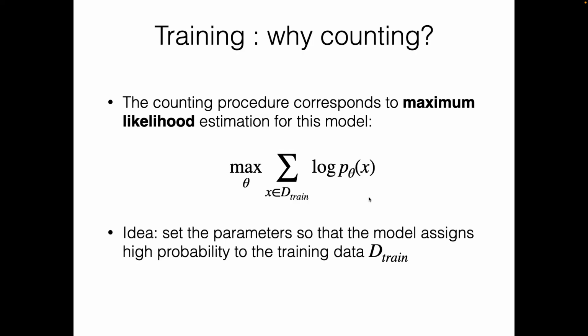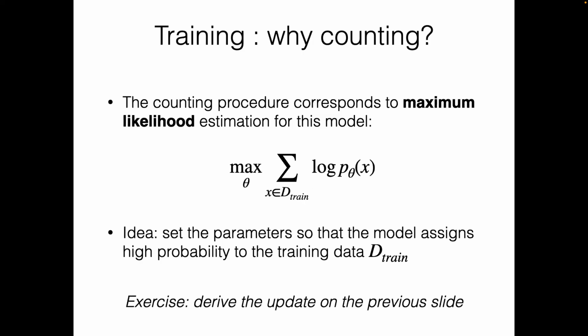And we'll see in a bit that this is actually how we'll train the neural network-based models. And in the following classes, it's the same way that we'll train a large language model, with maximum likelihood. Of course, with a neural network and more complicated models, we won't be doing the counting, so we'll have to come up with other ways of doing this maximum likelihood. If you want, you can look up how this is derived or try to do it from scratch. But it turns out that the counting procedure is justified in this way.